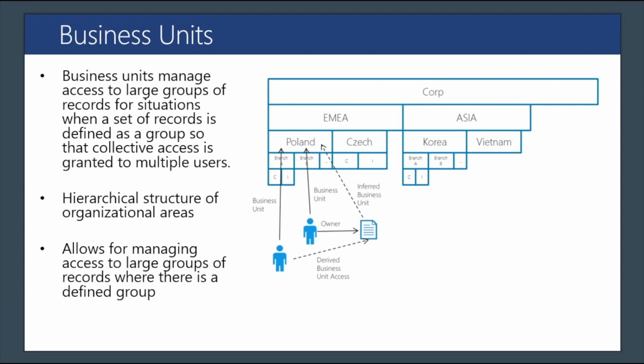And then we've got another user below here who has derived business unit access because they are also a member of that business unit, and their scoping mechanism is set to business unit level for that record. So the owner's getting access because they're the defined owner, and then this other user is getting access because they're a member of the same business unit and they have business unit level access to that record.